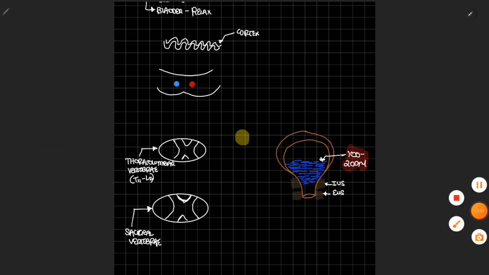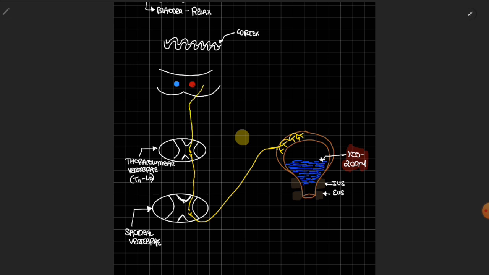Now tell me one thing, what we have drawn first in the neuronal circuit. Yes, the sensory nerves to the bladder. The sensory nerves carry impulses, go to the sacral vertebrae, synapse here, go to the thoracolumbar vertebrae, also synapse here, and go to the cortex, crossing the pons directly.